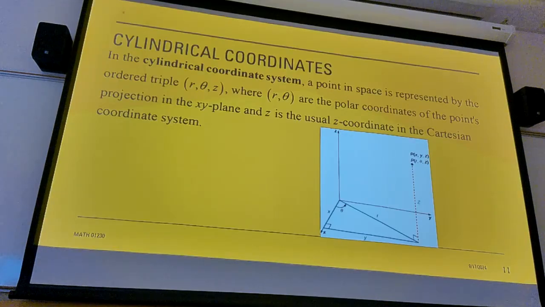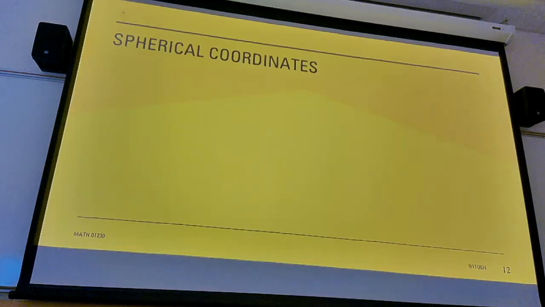So this is probably going to serve as a warning. Spherical is my favorite coordinate system. Unfortunately for you, that comes from my physics background. Spherical coordinate system.